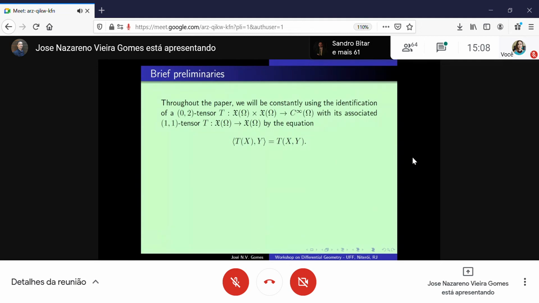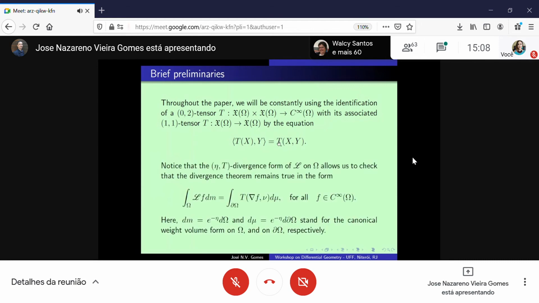Brief preliminaries. In this paper, we use this identification. Here, T is a (1,1) tensor, and here a (0,2) tensor. I need to observe that the divergence theorem remains true in this form.